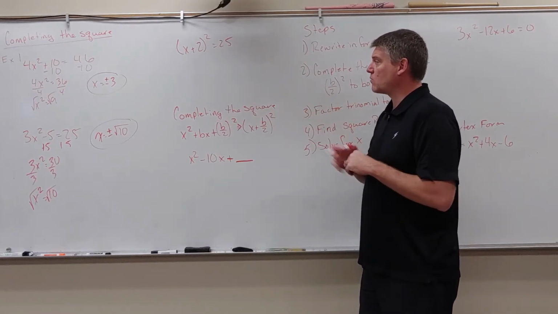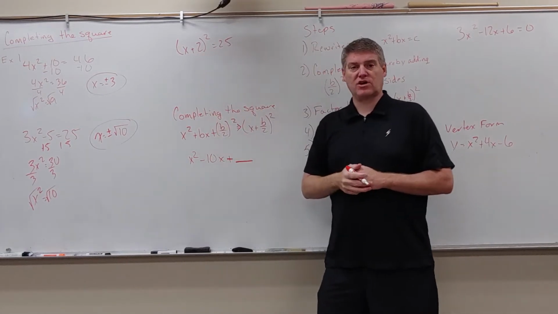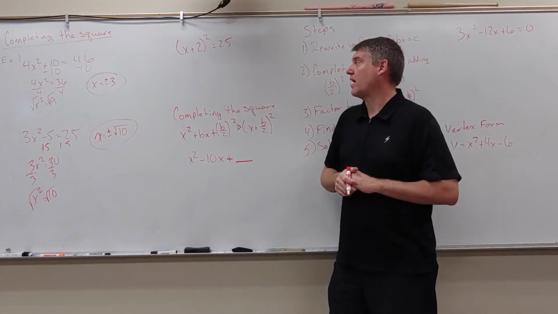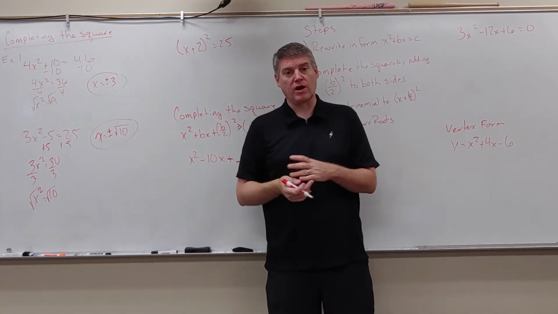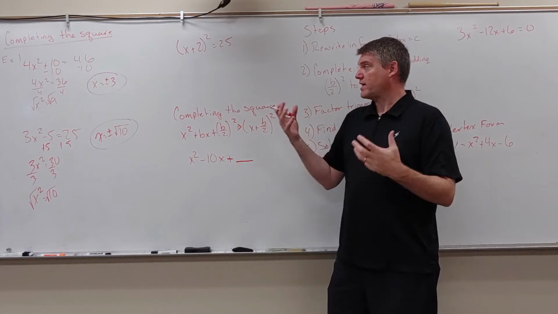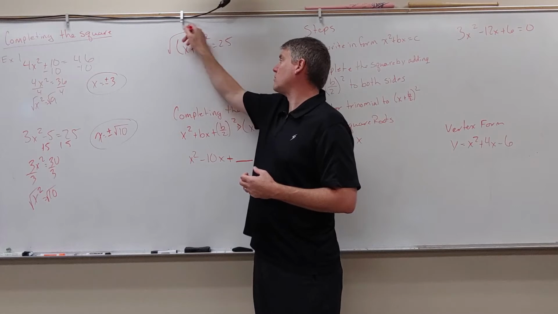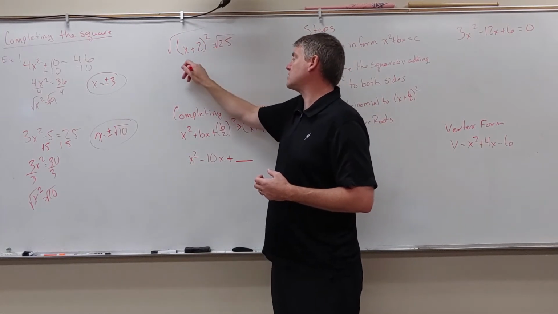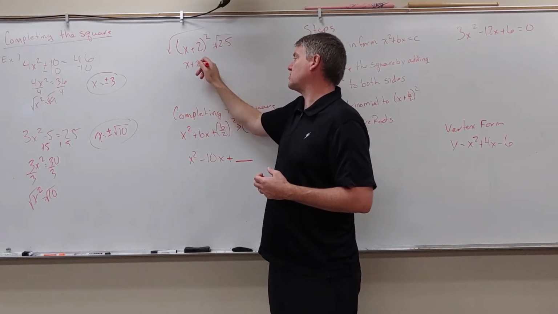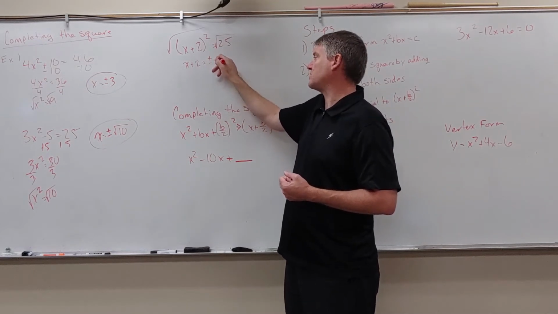Here's our next one. So here I have a quantity squared. This could have started out as a trinomial of x squared plus 4x plus 4, and I was able to factor that into something squared. So I can still do the square root method here. I'm going to square root both sides. So that gives me x plus 2 equals, well, the square root of 25 is plus and minus 5.